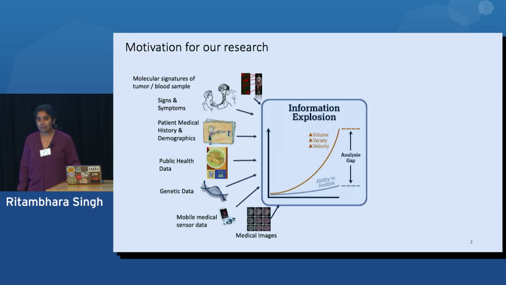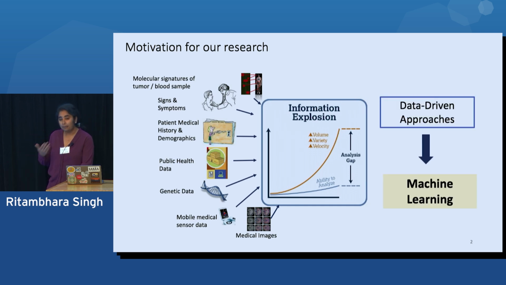So the motivation behind our lab's research has always been the fact that the amount of data sets that we are collecting in the biomedical and genomics domain is growing quite rapidly. And what that has led to is the development or excitement around data-driven approaches that can effectively learn complex relationships from the data and help us develop hypotheses.